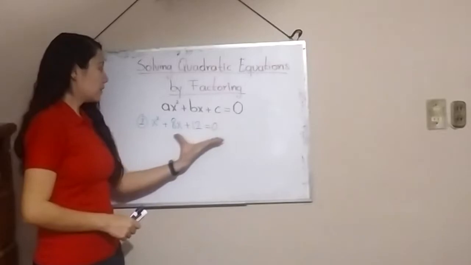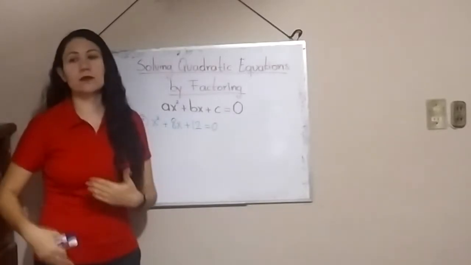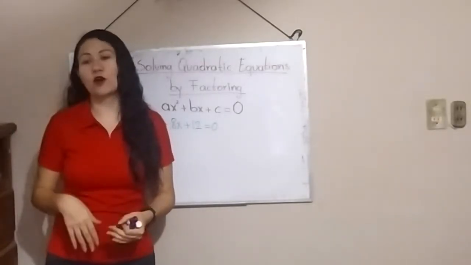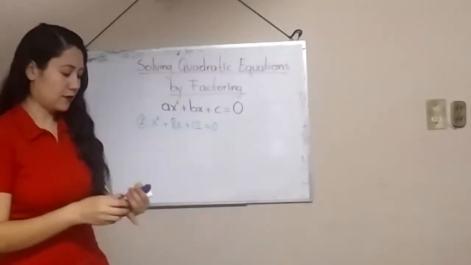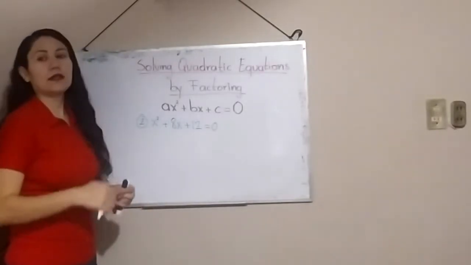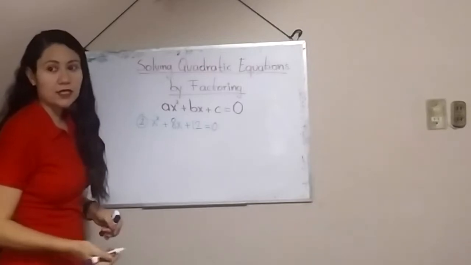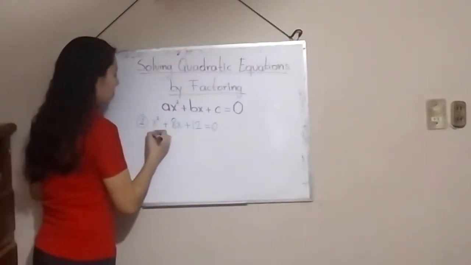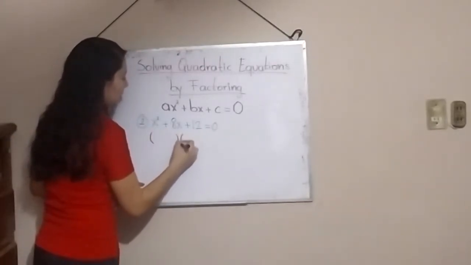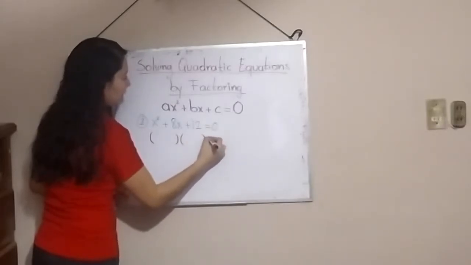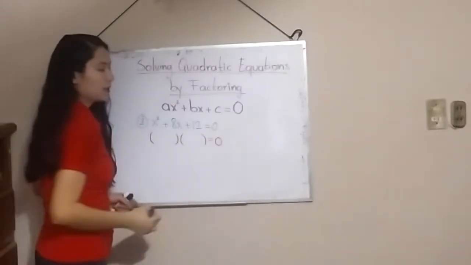In this case, it is equal to 0, so we can continue to the next step, which would be factorizing. Let's find the factorization of x squared plus 8x plus 12 equals 0.